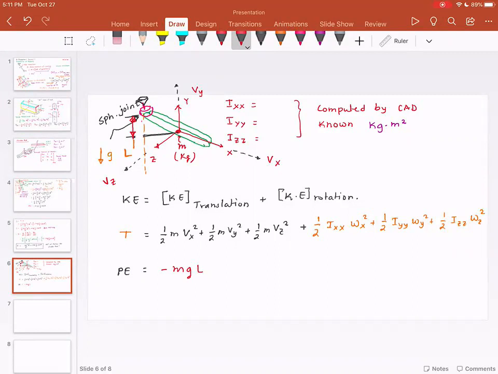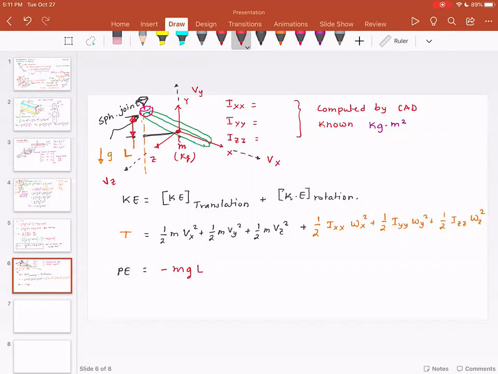Now, how do you find the kinetic energy and potential energy when you have a robotics problem? The good news is, believe it or not, the problem is actually solved. Whenever we are working out the forward kinematics, the problem is actually solved for us.